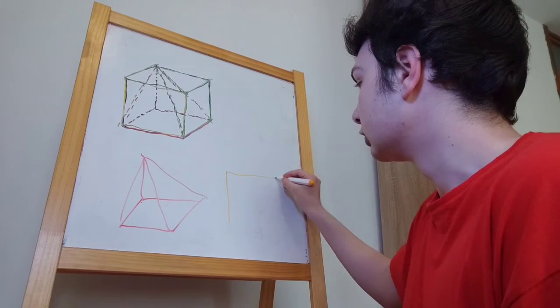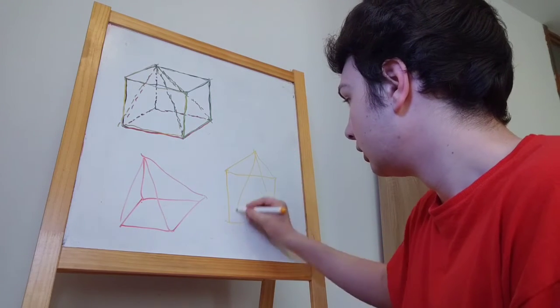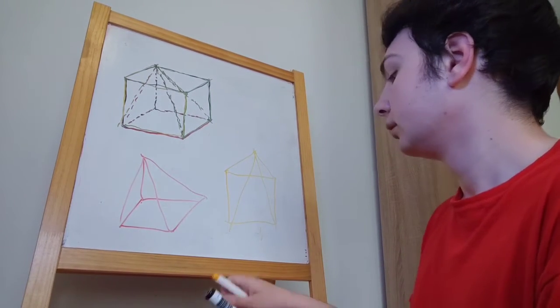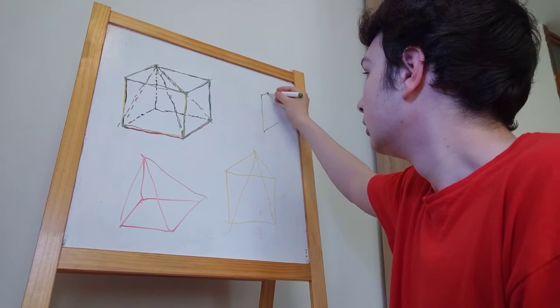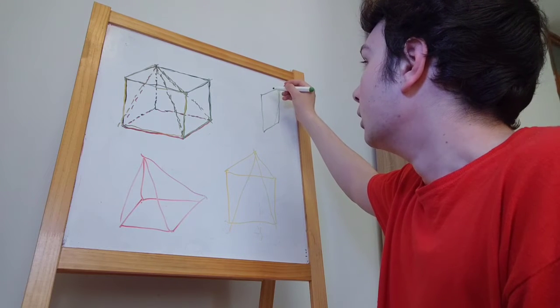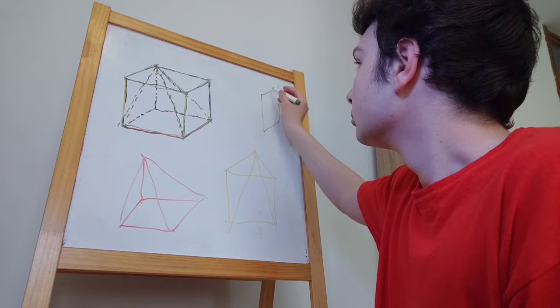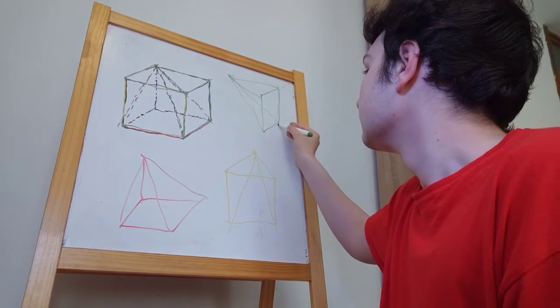So you have a square and then this, and for the third one you have a rhombus, and then this, and this.